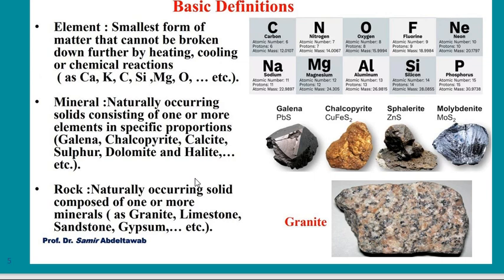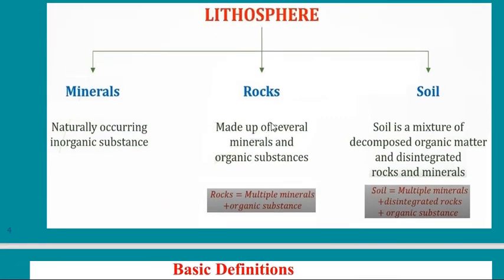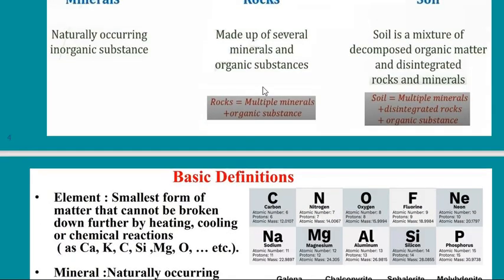What is rock? We said before, rock is a naturally occurring solid composed of one or more minerals. But it may contain also organic substance, as we said before. Here, rocks, in addition to these minerals bound together, may contain some organic matter.